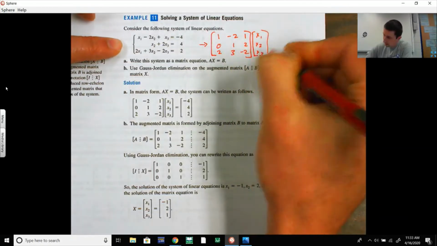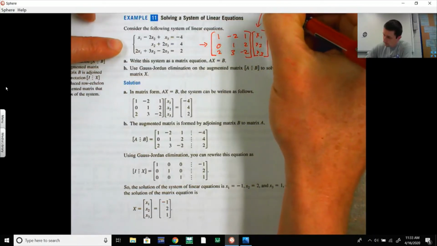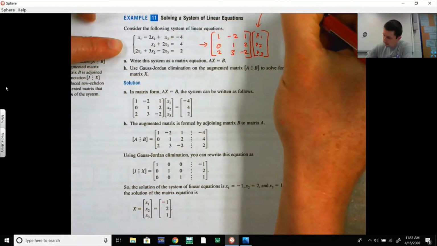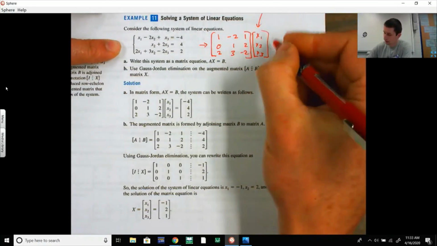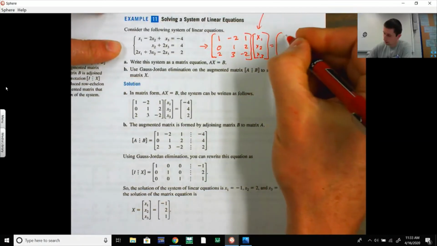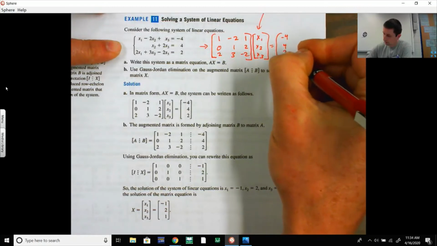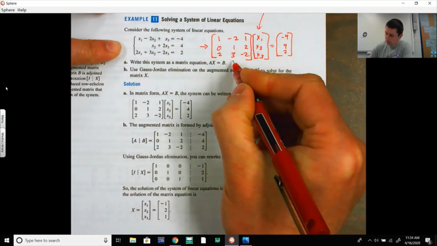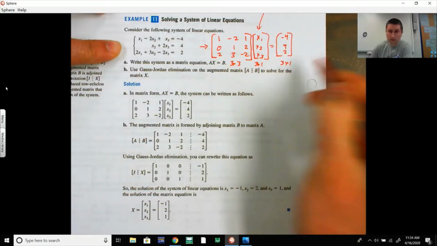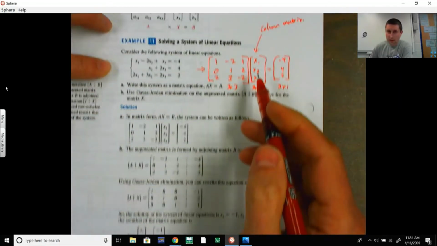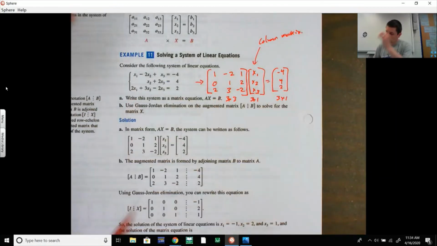It has to be a column matrix. Because this is 3 by 3, we have to multiply it by a 3 by 1, and that should equal -4, 4, 2. This is 3 by 3, this is a 3 by 1, the answer should be a 3 by 1. So this is a matrix equation from a system of linear equations, okay?